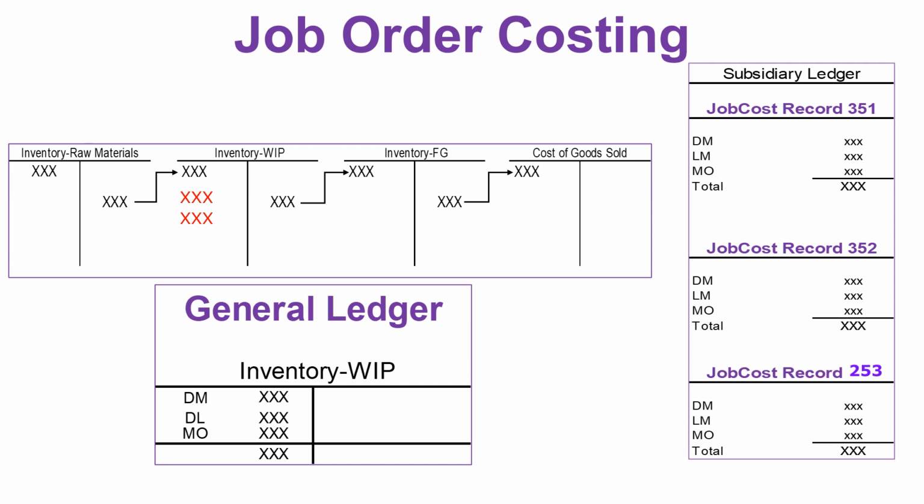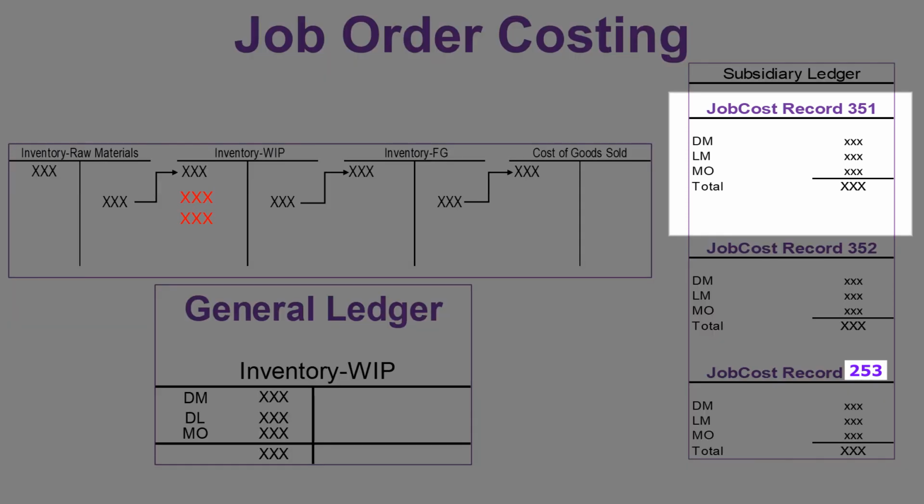For example, we might have in work in progress right now a job order referred to as job number 351, and we will be accumulating in this job cost sheet record for job number 351, the 5 oak tables, as we incur the cost, the direct material, all the direct labor and manufacturing overhead costs, specifically for the construction and manufacture of those 5 specific oak tables.